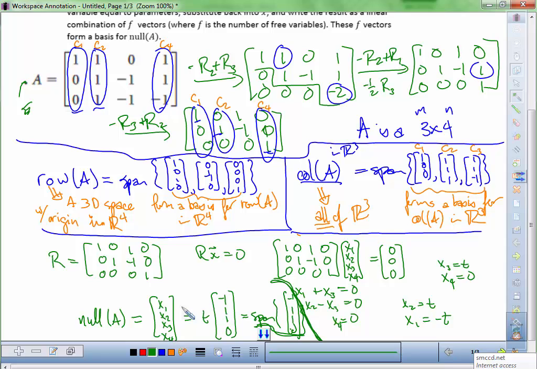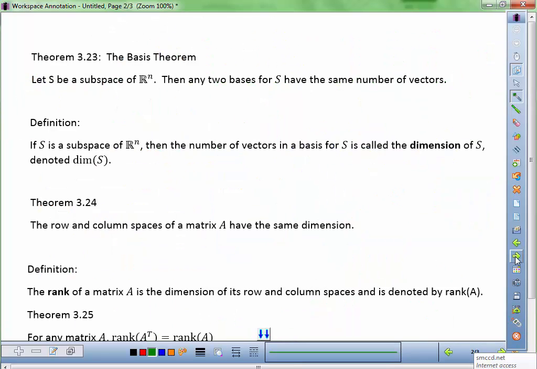Okay? All right, let's move on. Here are a bunch of theorems and definitions that we've already been using, kind of abusing. If S is a subspace, then any two bases of S have the same number of vectors. That leads to the definition of the dimension.